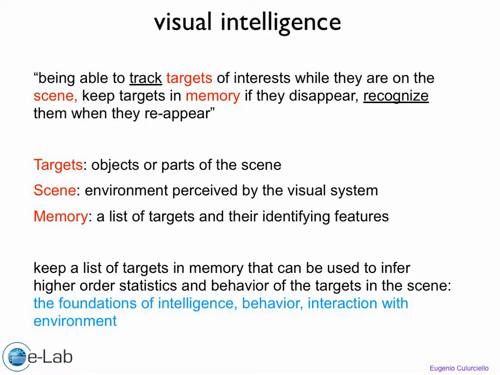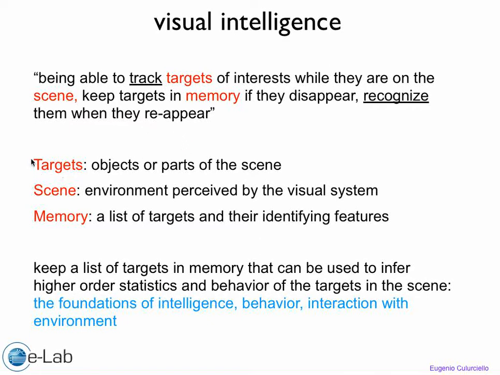But it seemed to me a pretty good overview of what needs to be done. So visual intelligence is basically the ability to track targets, so some objects or something of interest, while they are on the scene, keep the target in memory if they disappear, and then recognize them again when they reappear. And this memory could be short-lived or longer-lived.